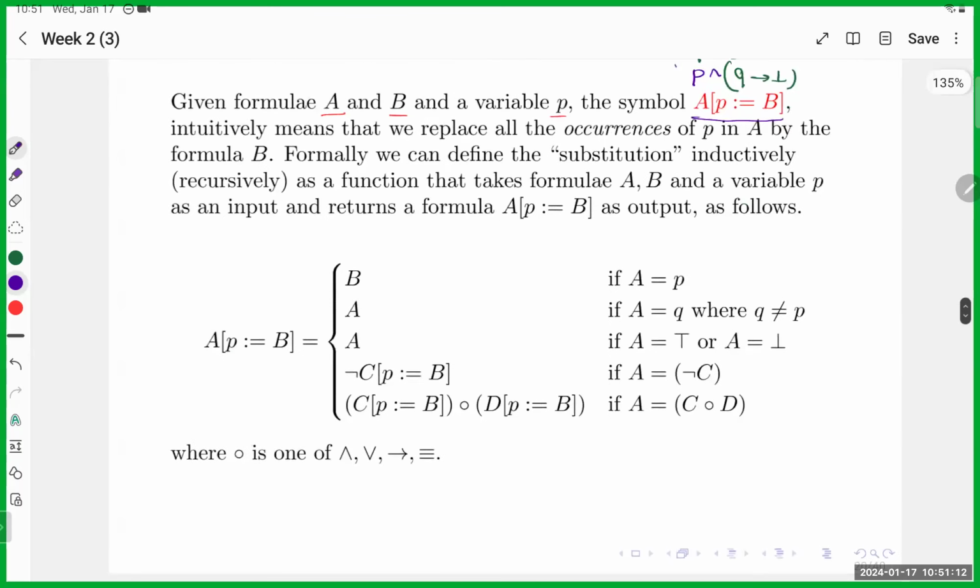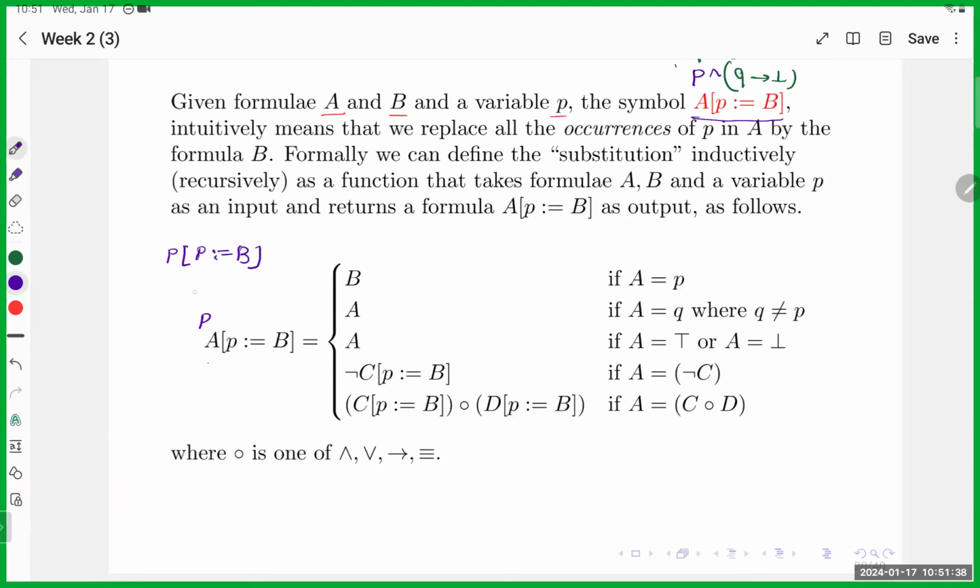First you define it for atomic formulas. If your A is P, it's an atomic one. In P, you substitute P with B. What do you get?